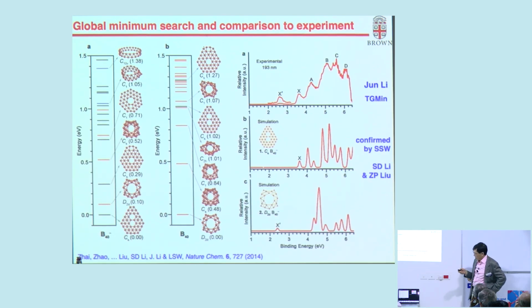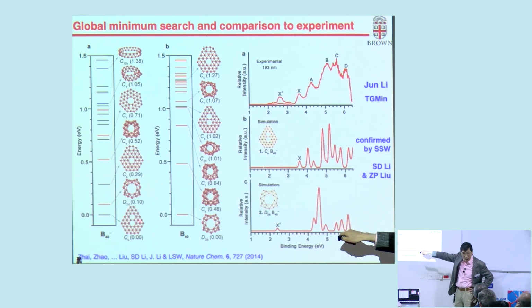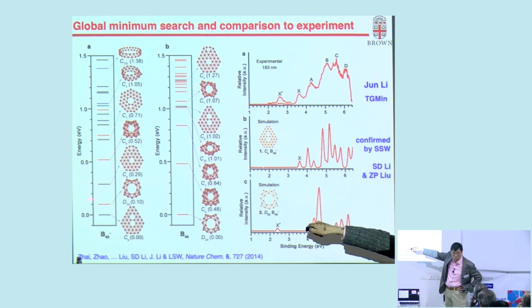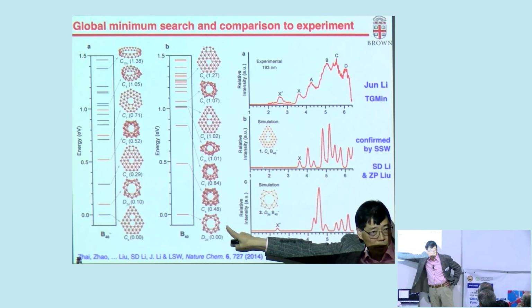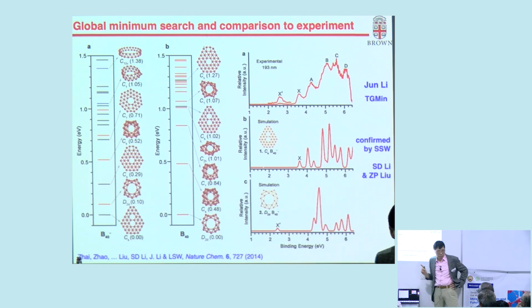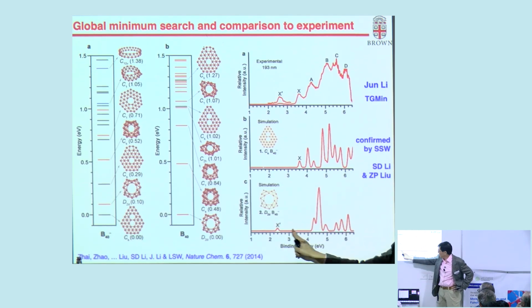When we do a global minimum search, we find that in the anion, the planar structure is the most stable, and then there's a cage structure as a low-lying isomer. But in the neutral, the cage is overwhelmingly the most stable structure. It turned out that the cage has a very large HOMO-LUMO gap, about 2.5 eV.